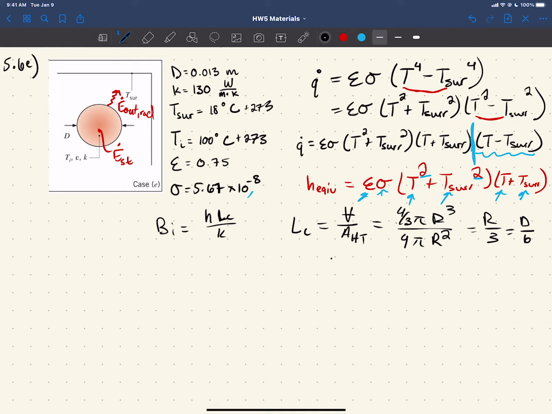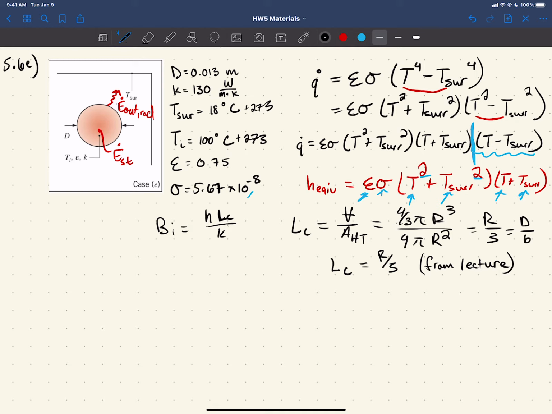The other thing is, if I was actually doing this, I would just say this is from lecture or whatever. These common shapes like spheres and cylinders and slabs, I would think that we're going to be allowed to just go right to that if we remember it.